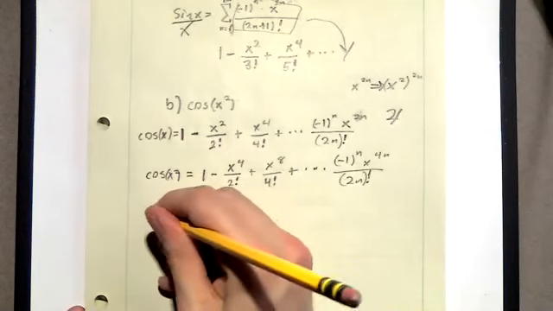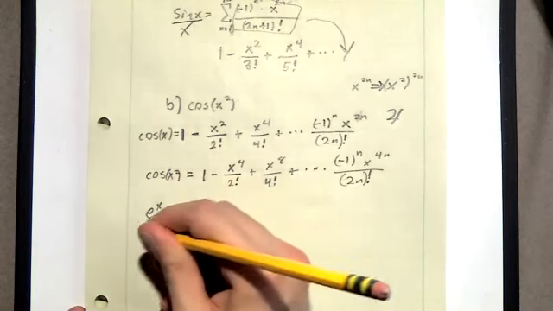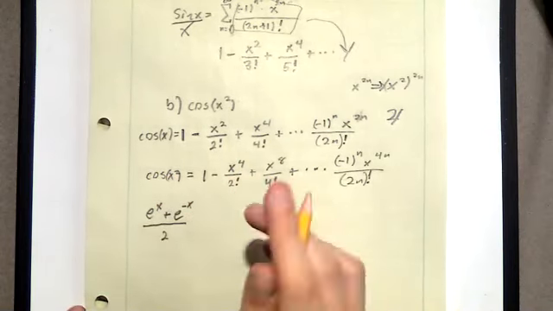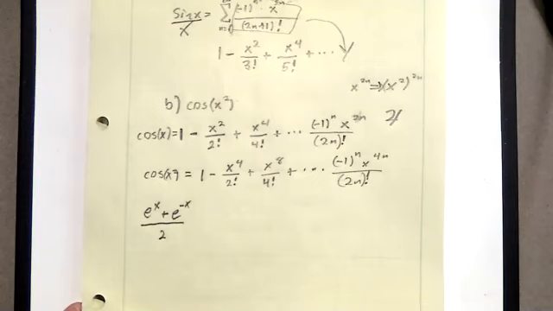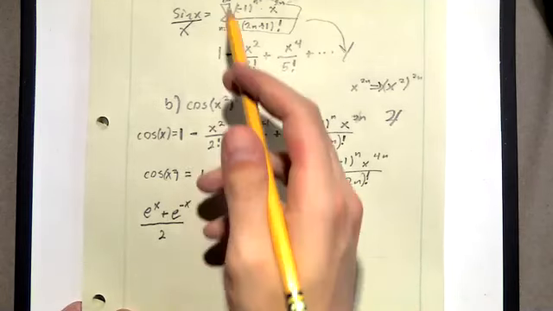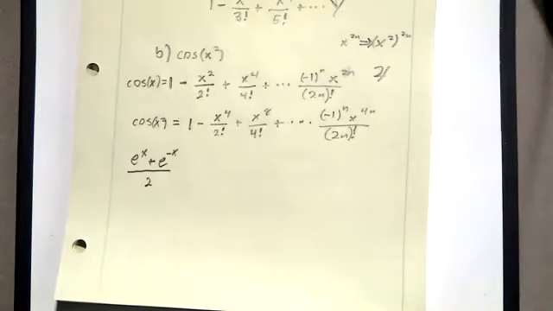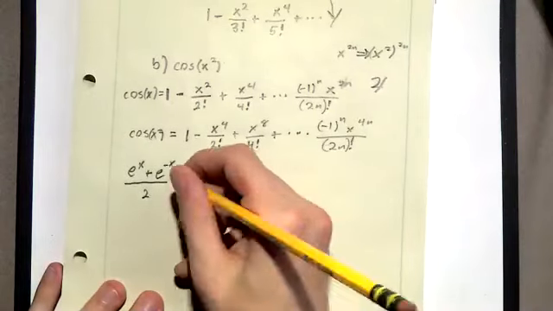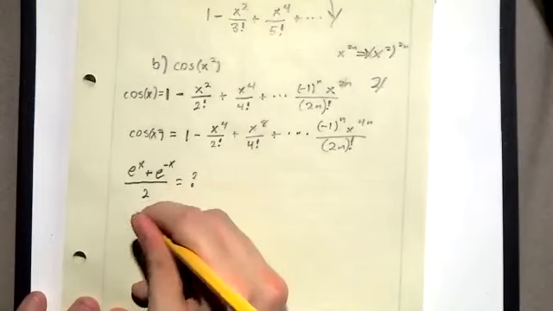All right, we got e to the x, and then plus e to the negative x, over 2. So this one is different from the other two, because the other two we were writing. So now we have to actually add 2 series. So first we take our e to the x.